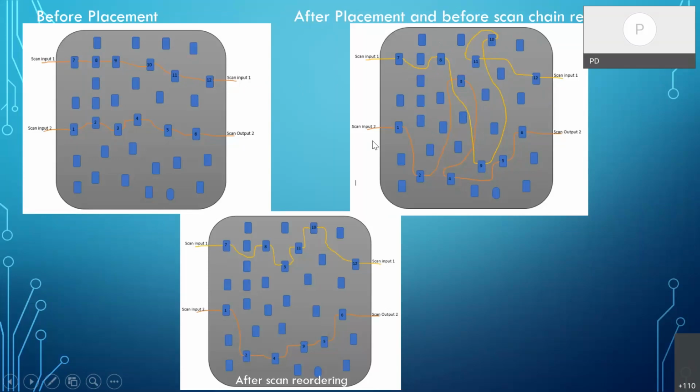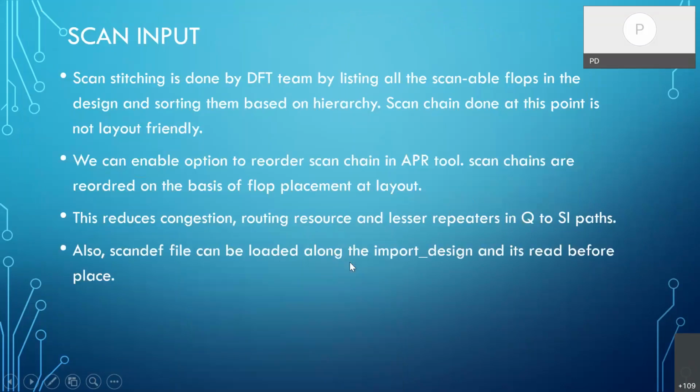So if we give this scan input to the tool before placement and tell it to reorder the scan chain, it will take the scan stitching into effect along with the placement, and proper placement of the scan chains will happen. This reduces the effects due to congestion, routing resource, everything.